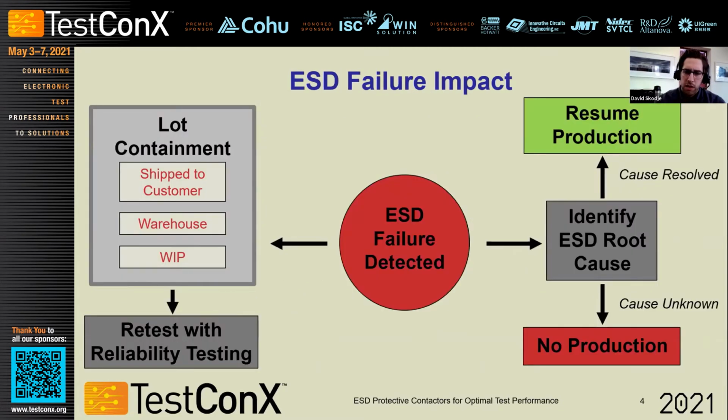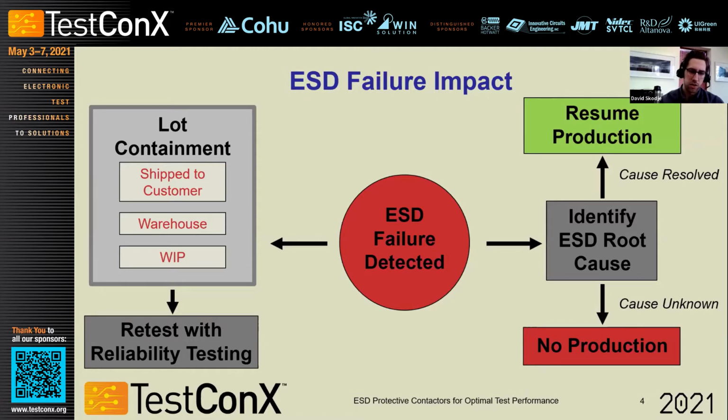So when a failure is identified, many tasks are triggered. The first step is containing all impacted lots. This includes devices that have been shipped to the customer, that are stored in the warehouse, as well as parts that are currently being tested. And these parts will require retest with reliability testing.